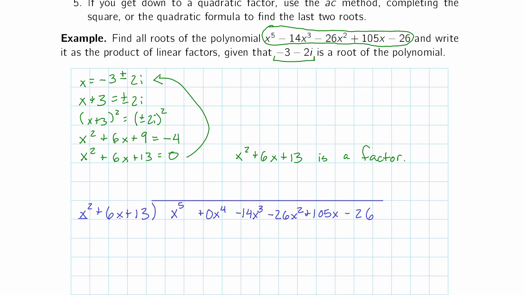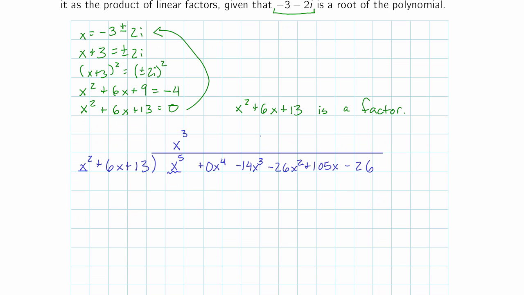So, x squared goes into x to the 5th, x to the 3rd times. x to the 3rd times x squared is x to the 5th, x to the 3rd times 6x is 6x to the 4th, x to the 3rd times 13 is 13x to the 3rd.